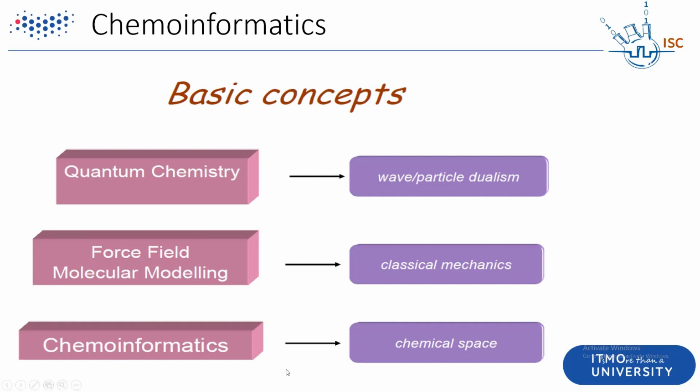When you get the chemical space, you process it with the classical mechanics, and finally you can process it with the wave particle dualism as a part of the quantum chemistry.